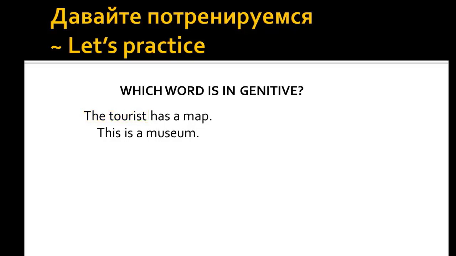None of the words are in the genitive case here because there is no situation where you would need to use the genitive case. The word Wednesday will be in the genitive case in Russian because it follows the preposition until, or in Russian, до.